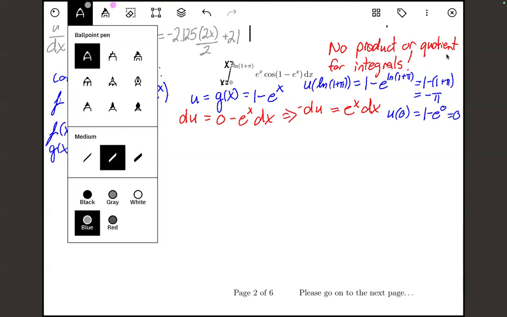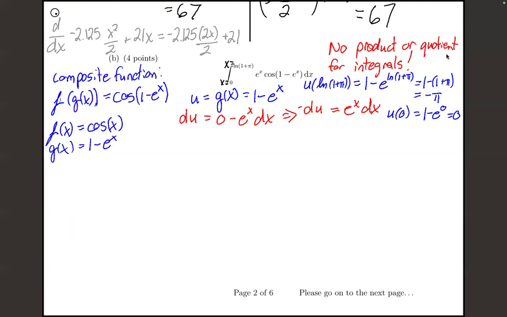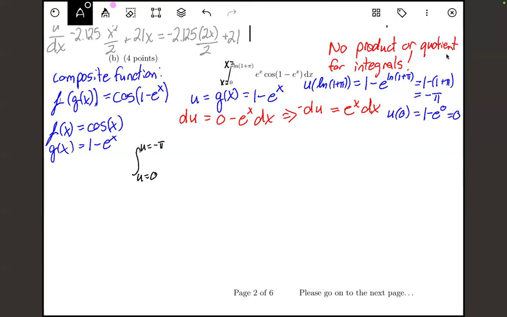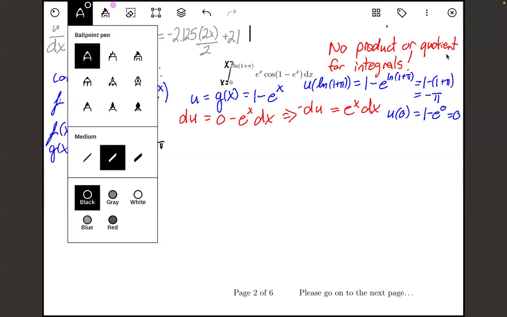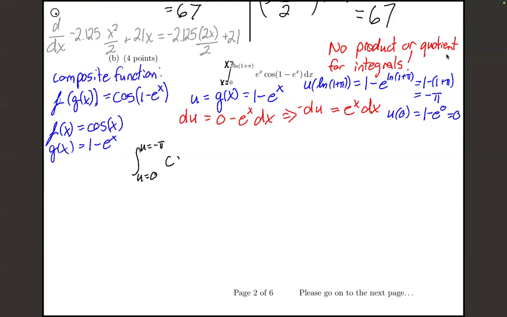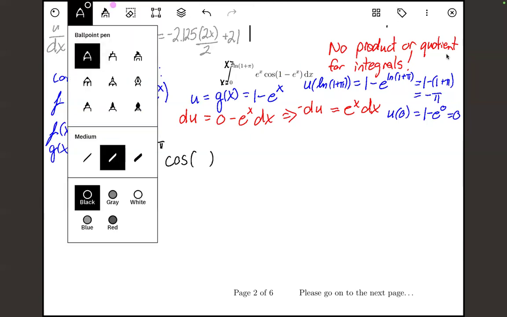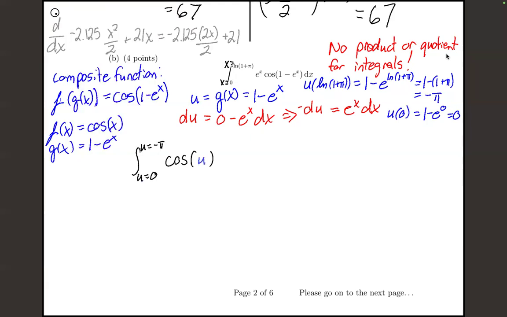So we can rewrite this whole integral as the integral from u equals 0 to u equals negative pi, times cosine of, remember, we made u 1 minus e to the x, so we are going to put u there.